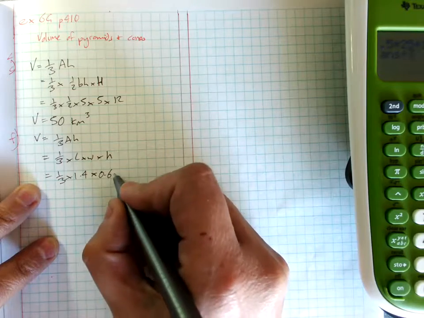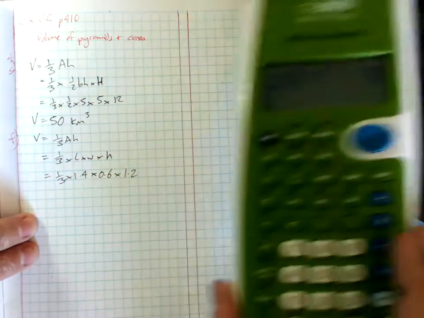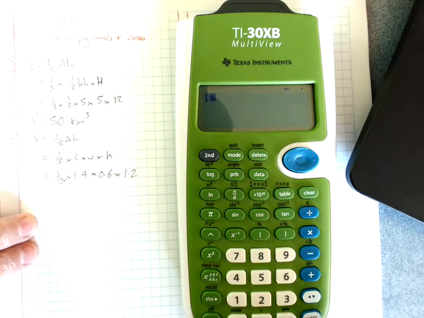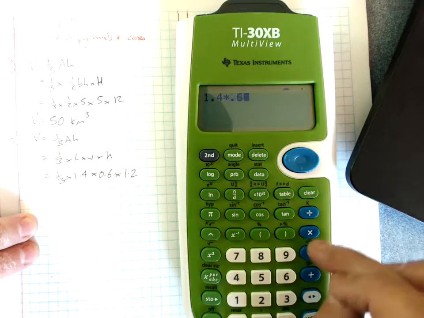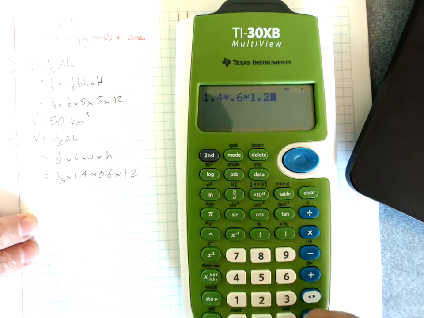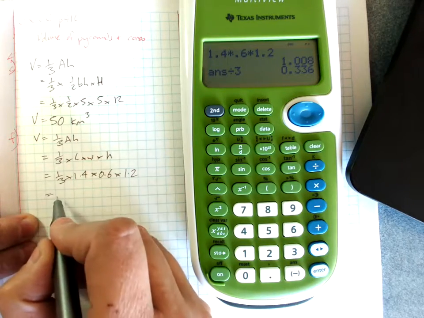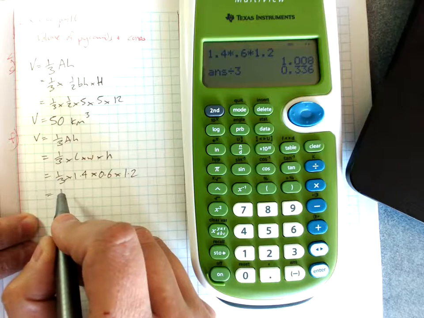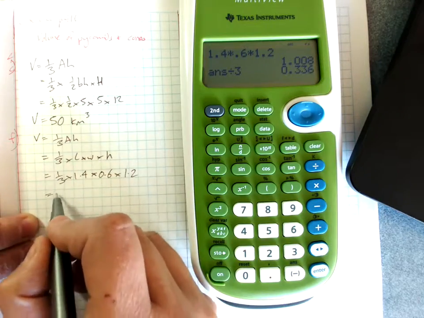And the perpendicular height is listed down the bottom there, which is very helpful. If you're wondering why I'm dividing by 3, it's just the easier way of getting 1/3.